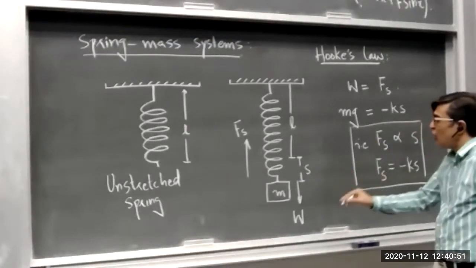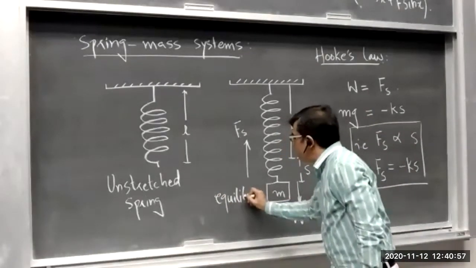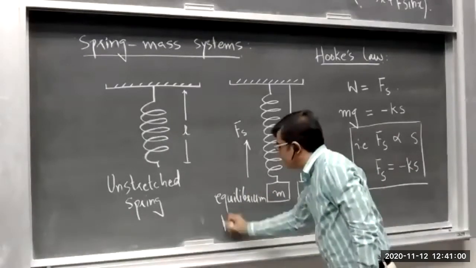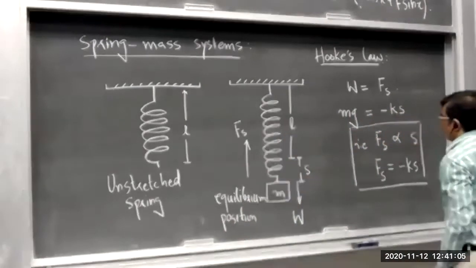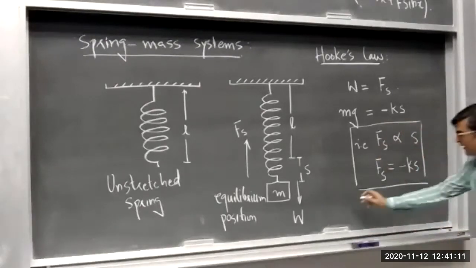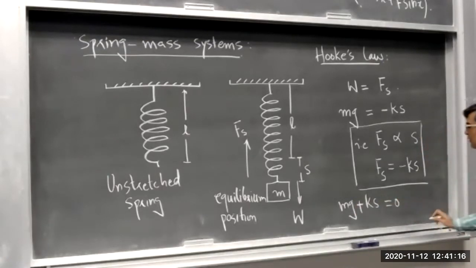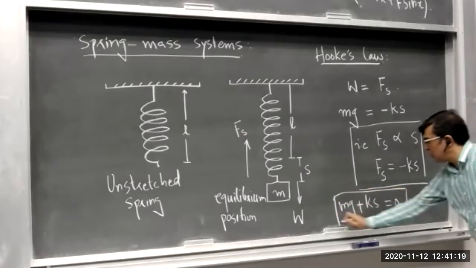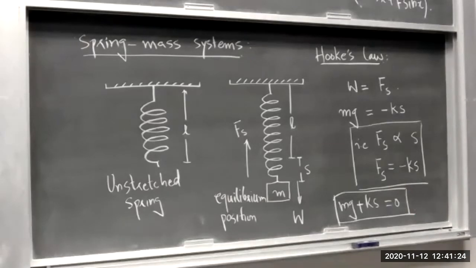So we can write that mg plus k times s is equal to 0. Remember this equation. We will use it further to derive the differential equation. This is what we call Hooke's law.